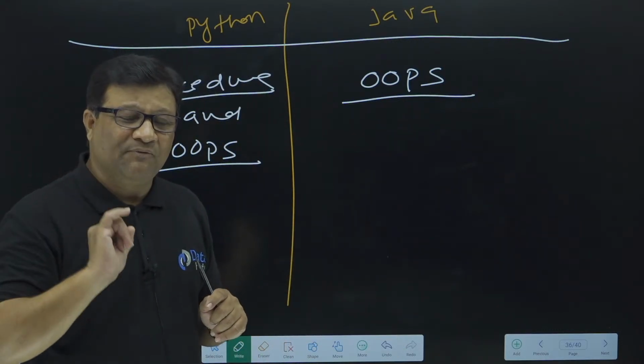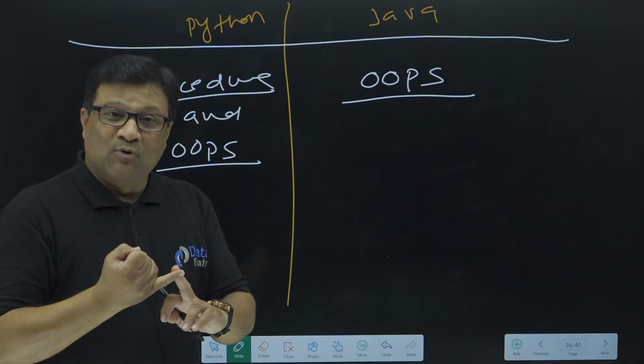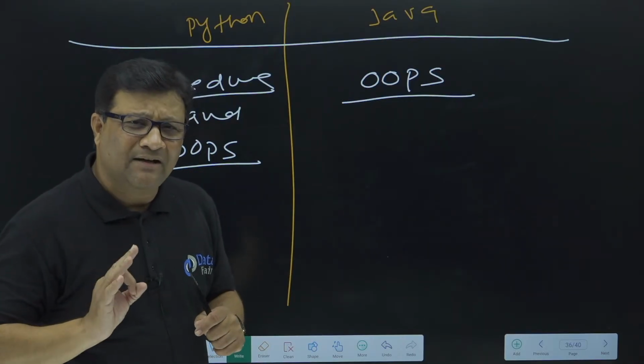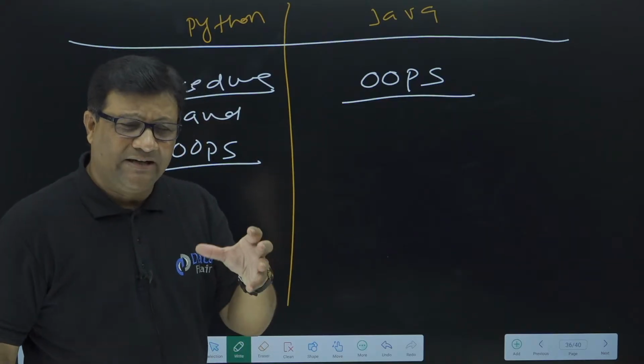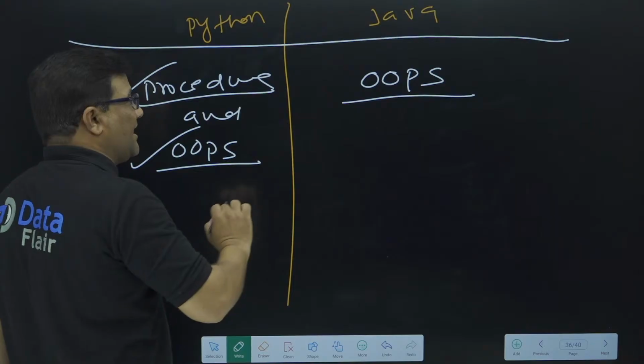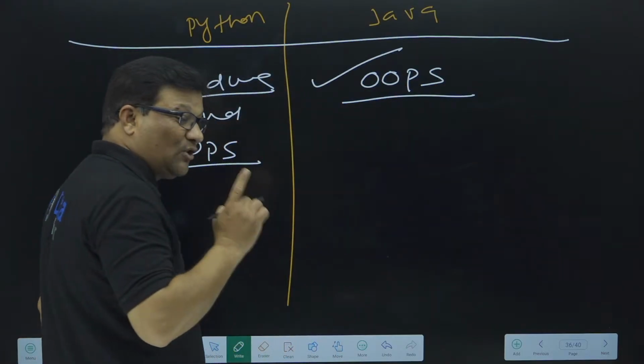I'll explain three types of language. Remember: procedure oriented, object oriented and object based. So what do you mean by procedure oriented? In Python, we use procedure and object oriented approach. In Java, we only use object oriented approach.